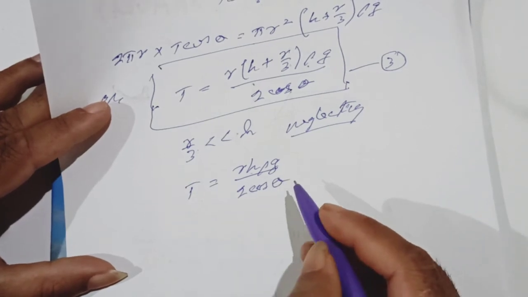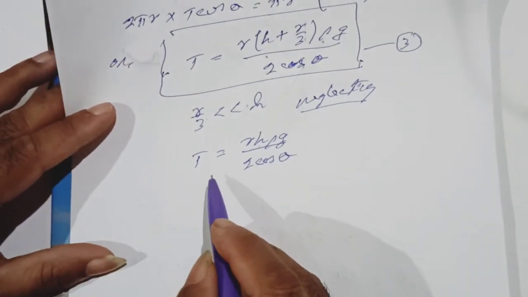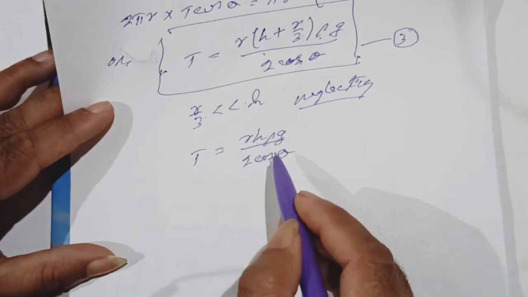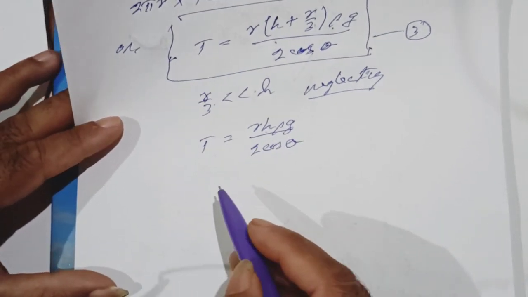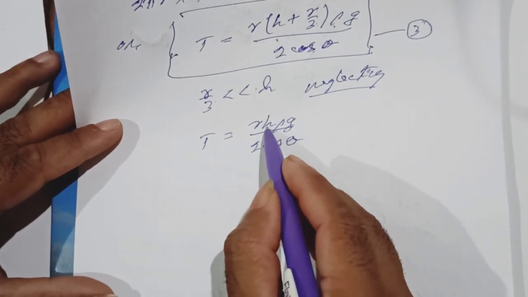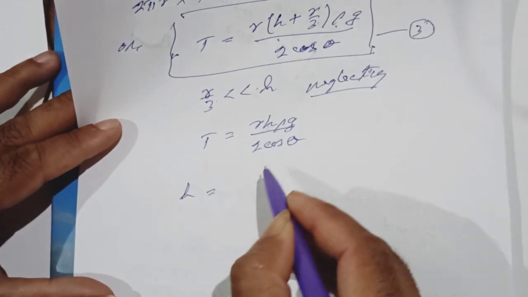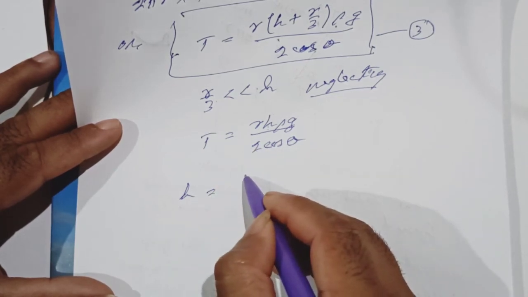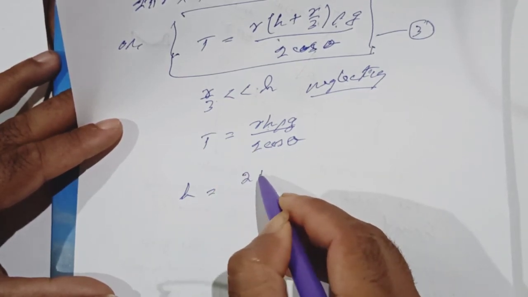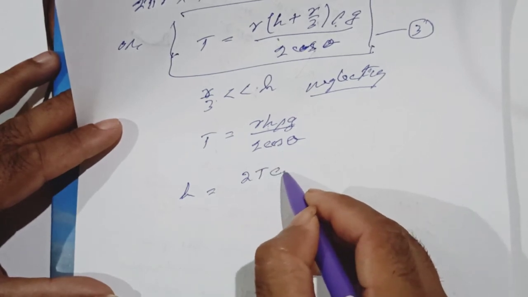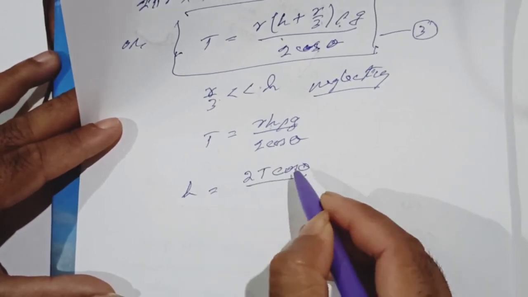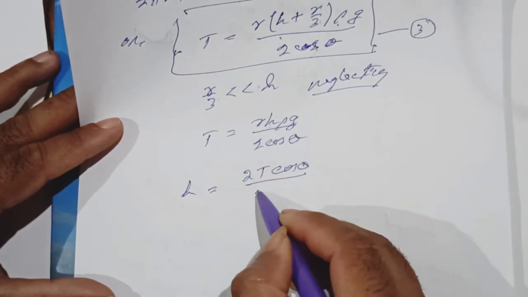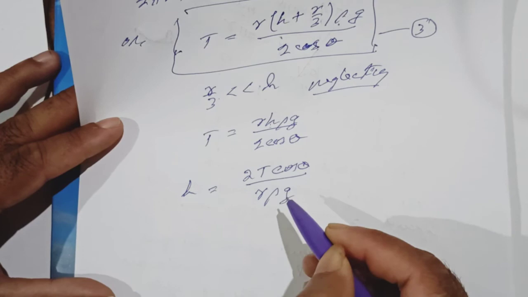Now take out this h, then this goes up, so we have 2T cos theta, and the denominator will be r rho g.